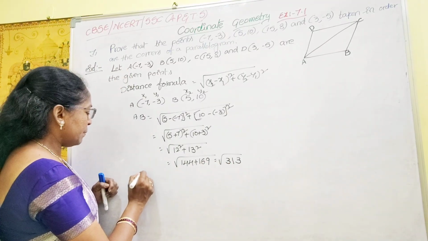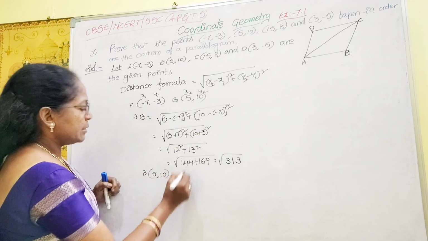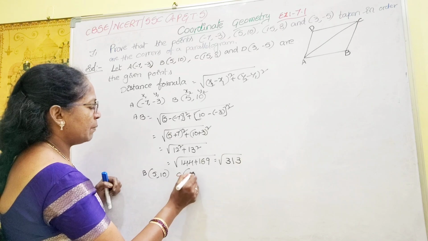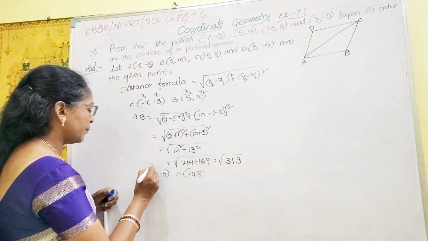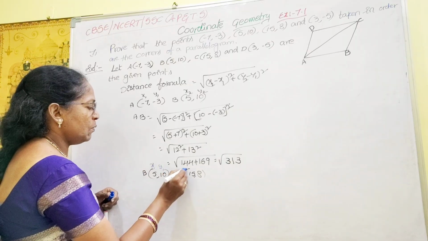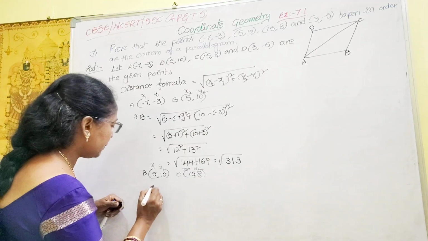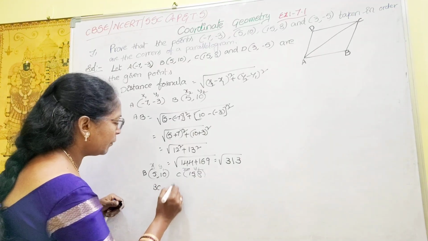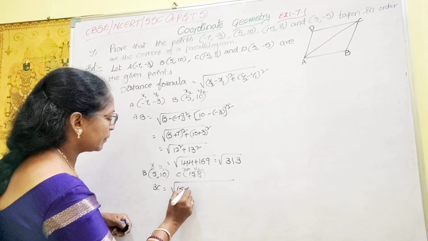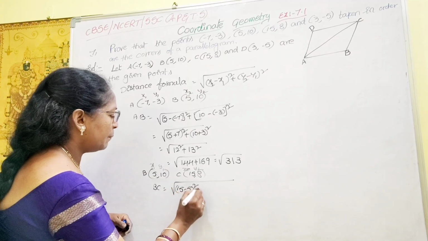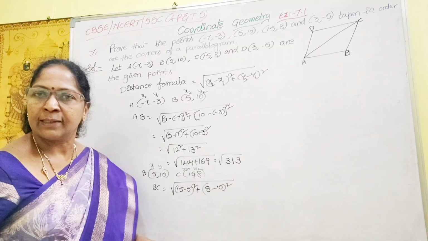Again BC. Consider the B value. B point is 5, 10 and C point is now 15, 8. Let us represent x1, y1, x2, y2 like that. Now the distance BC equals square root of x2 minus x1, so 15 minus 5 whole square plus y2 minus y1, 8 minus 10 whole square.